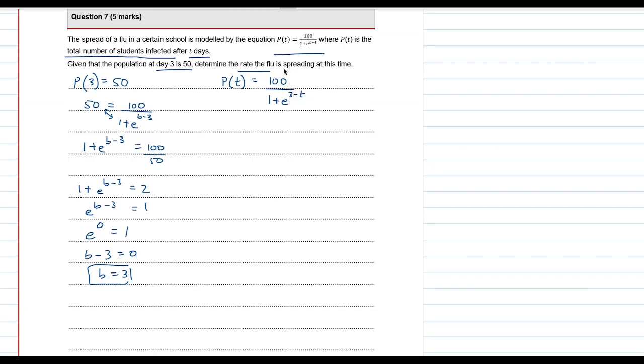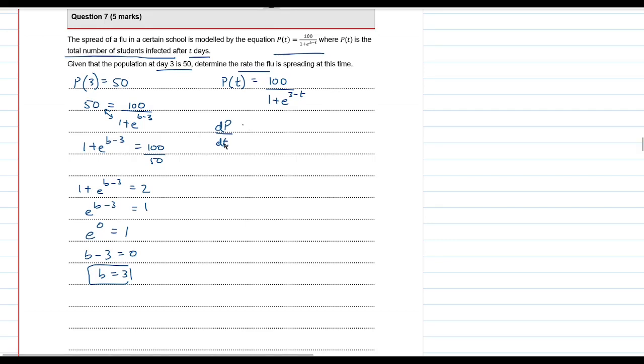And the question wants us to find the rate the flu is spreading on day 3. So we want to find dP on dt for when t equals 3. So let's find dP on dt first, and for that we need to differentiate this.